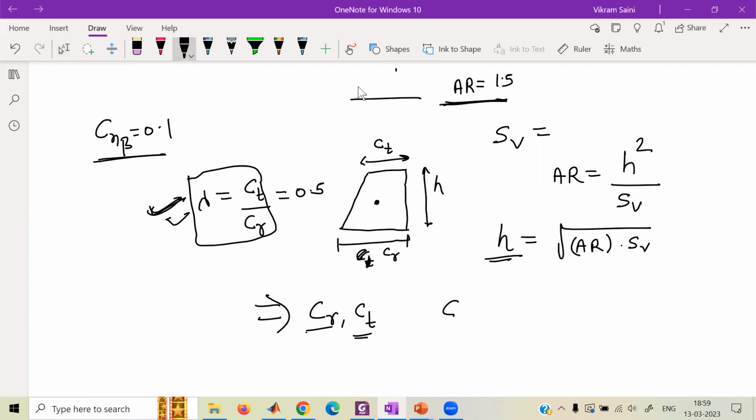So what will be CR in terms of SV, height, lambda? Expression for that, because once you establish that expression, it'll remain in your mind, so you can just do it quickly. Okay.